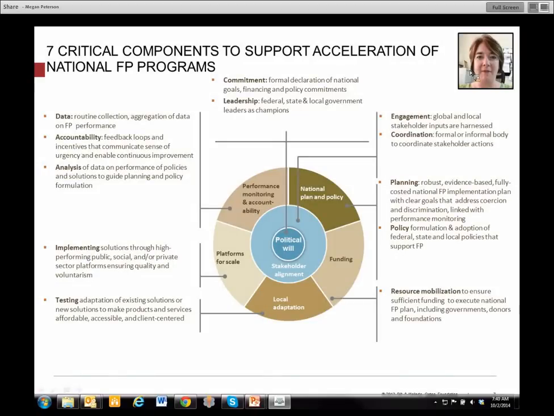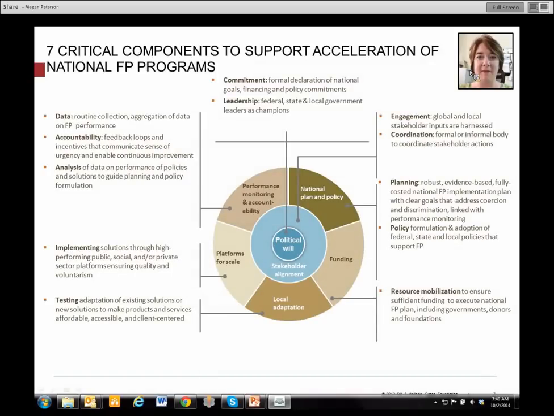Realizing that the critical pieces of the overall family planning strategy need to address national plan and policy, funding, local adaptation, local solutions for local problems, looking at what the platforms are for scale and how those can be leveraged, and performance monitoring and accountability.